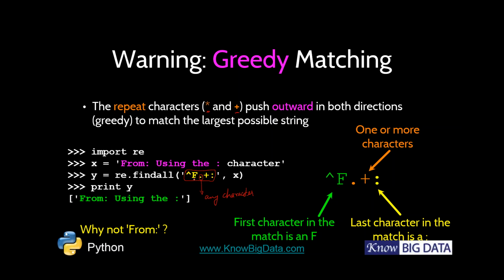So beginning with F followed by any character one or more times. First character in the match is an F, then one or more characters, dot and plus, and at last there should be a colon to mark the end. This is where our search stops.